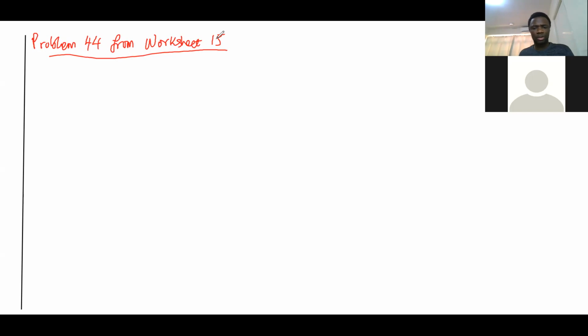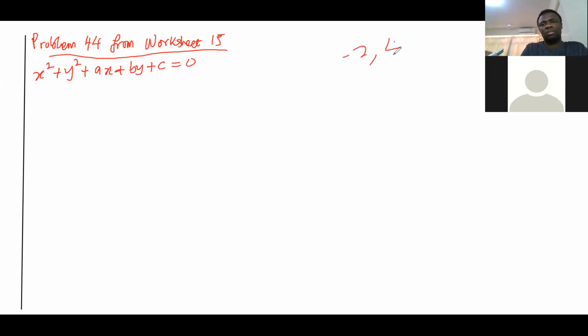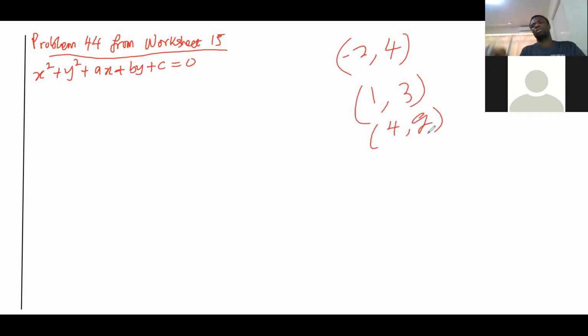So x squared plus y squared plus ax plus by plus c equals 0. So this is the equation of the circle. So we have (-2, 4), (1, 3), and (4, q).